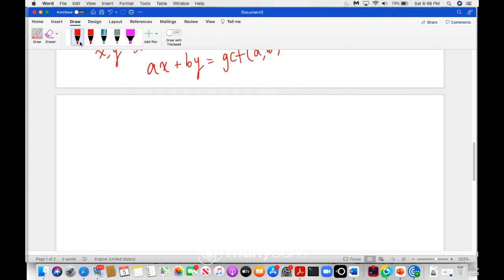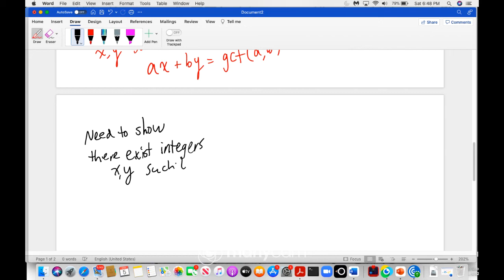So in order to prove that that fraction is irreducible, we need to show that there exist integers, and I say integers because these can be negative, integers x and y, such that the linear combination of the numerator and the denominator is 1, which is the greatest common factor between these. If it's irreducible, it has to be 1.